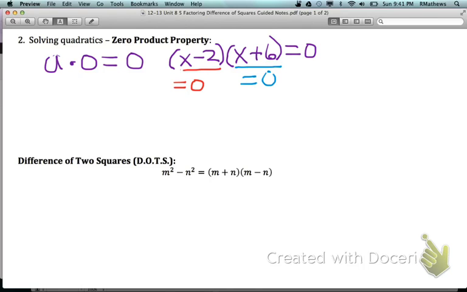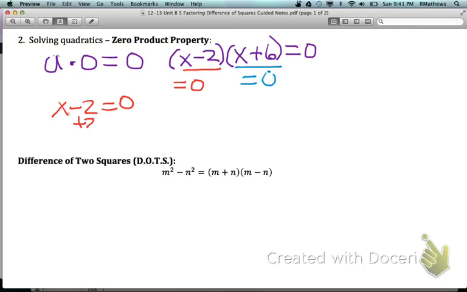And remember how we would do this and solve, this would give us a couple of solutions for x. We would first say x minus 2 equals 0.